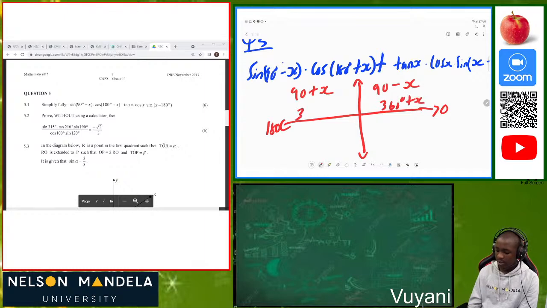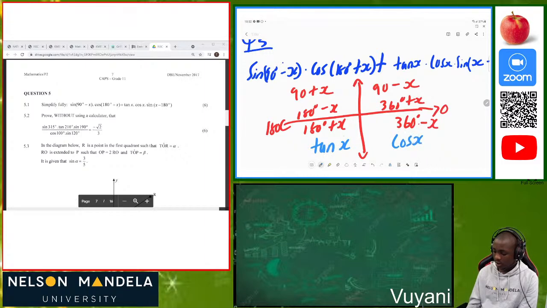We have our 180 minus x. We have 180 degrees plus x. We have 360 degrees minus x. We say that 270, we don't normally use it. It's not important. In the first quadrant, all ratios are positive, in the second only sine is positive.